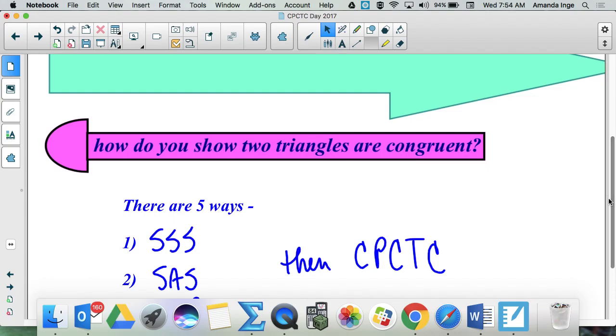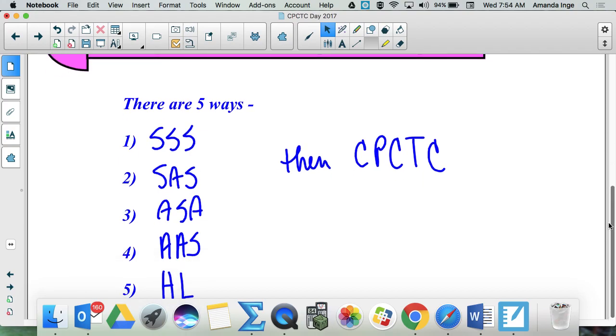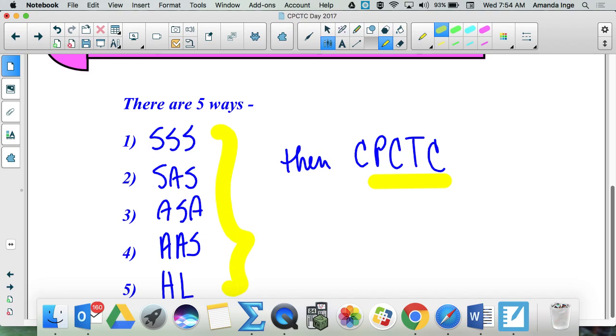Once again, there are 5 ways to prove that 2 triangles are congruent: side, side, side; side, angle, side; angle, side, angle; angle, angle, side; and hypotenuse, leg. So you'd have to use one of these first, and then after that, you can use corresponding parts of congruent triangles congruent.